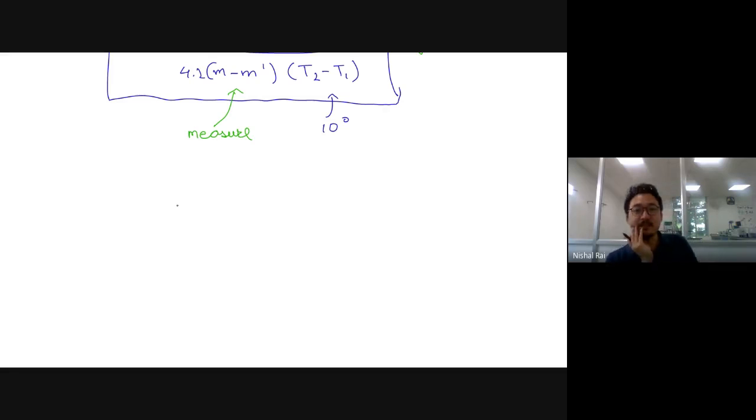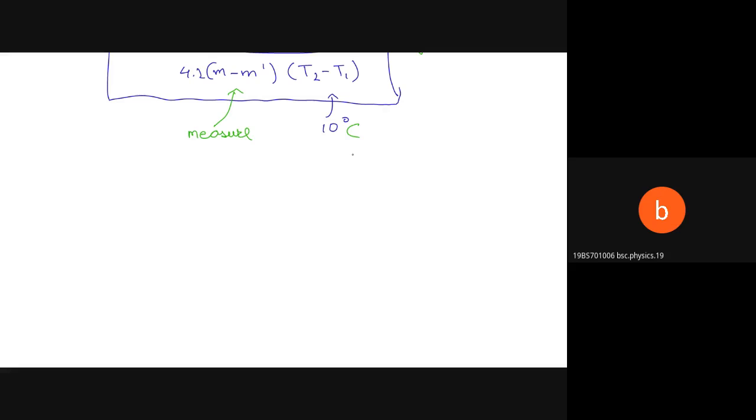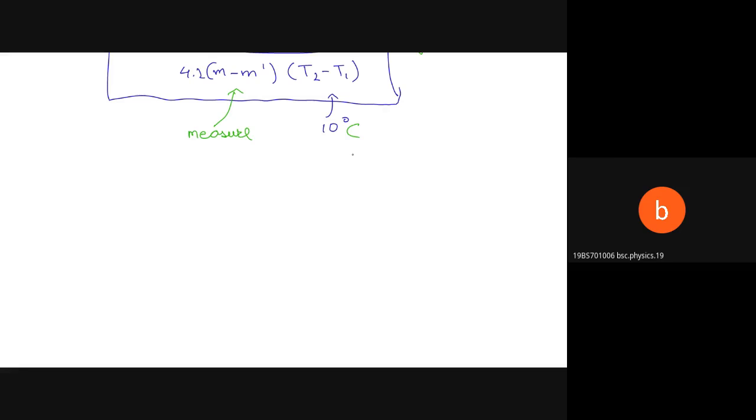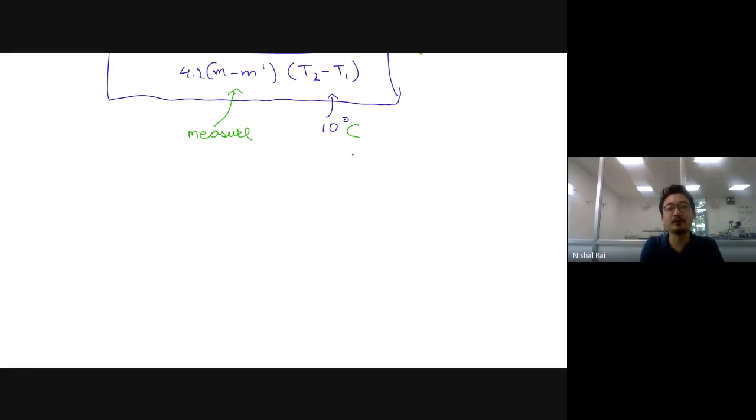So what's the challenge in this experiment? What is the only thing that you can control? Rate of flow and voltage, only two things.